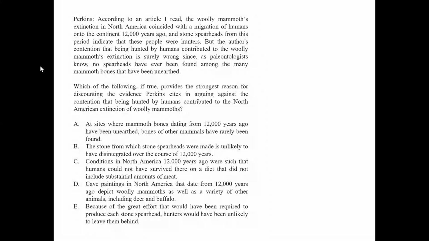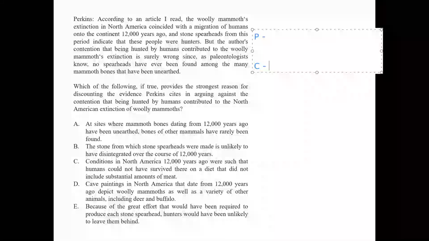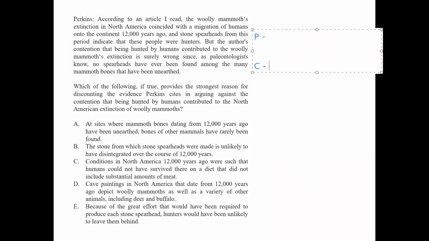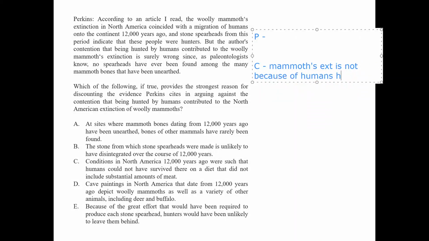What are the premise and conclusions? According to me, the conclusion that Perkin is citing is that, basically, that man hunting did not cause the animal extinction that was there. So we can say that mammoth's extinction is not because of humans hunting.